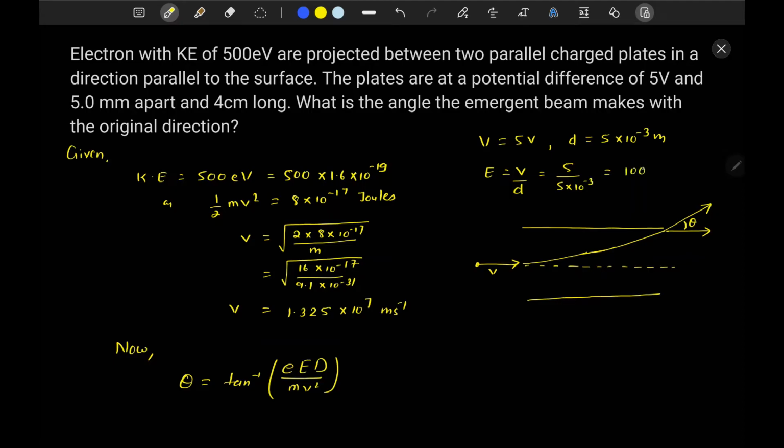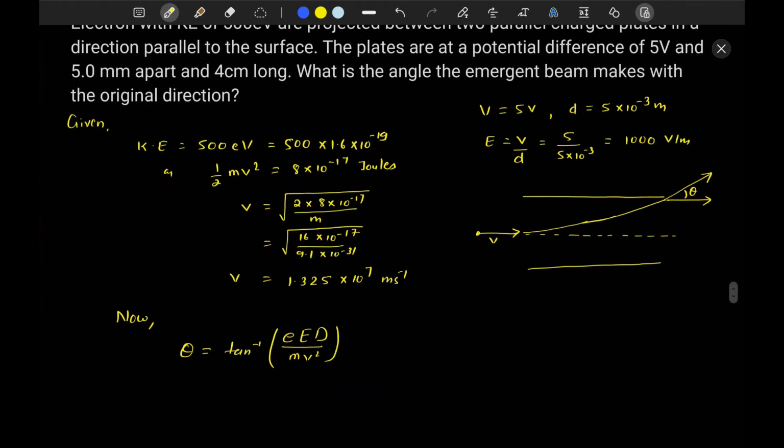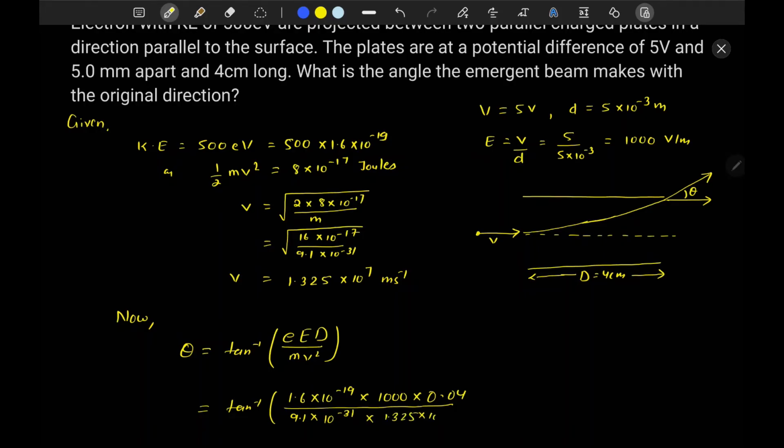This gives 1000 volt per meter, and we will keep this value: tan inverse 1.6 into 10 power minus 19 into 1000, the length of the plate is 4 cm, so 0.04, by mass of electron 9.1 into 10 power minus 31 and velocity 1.325 into 10 power 7 square.